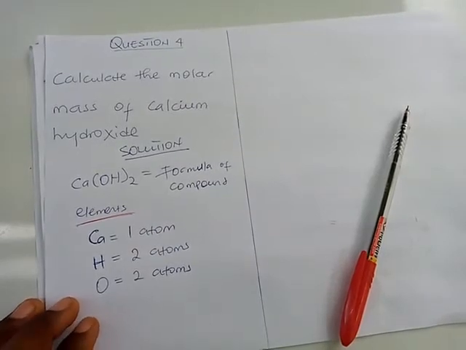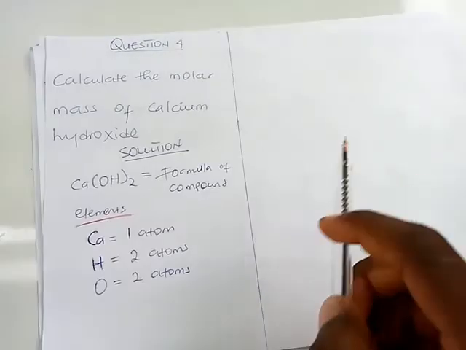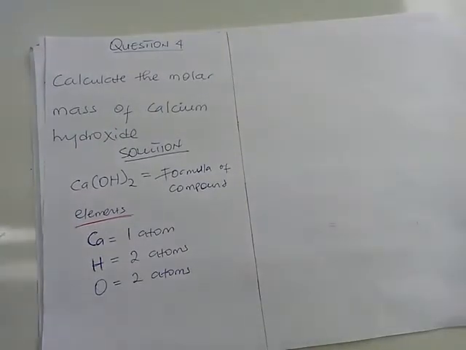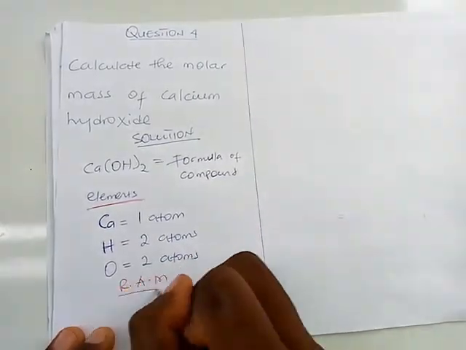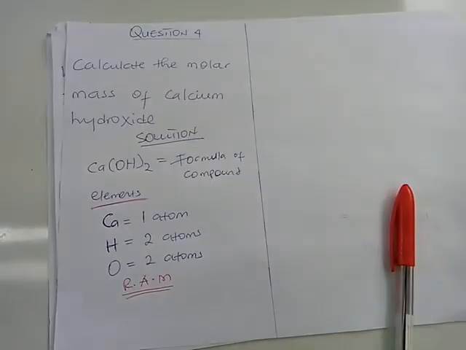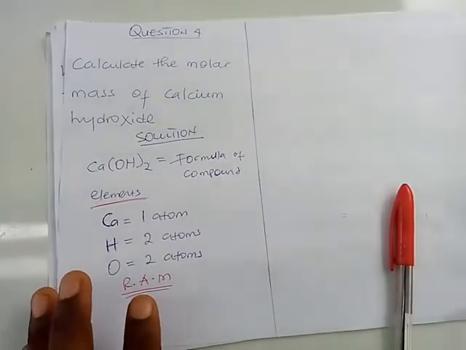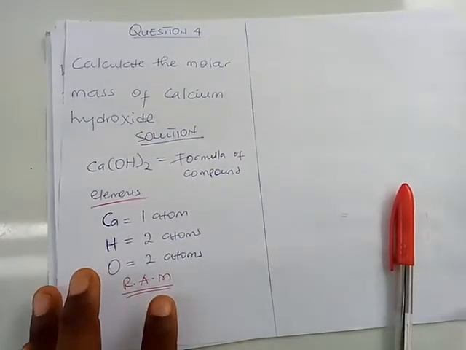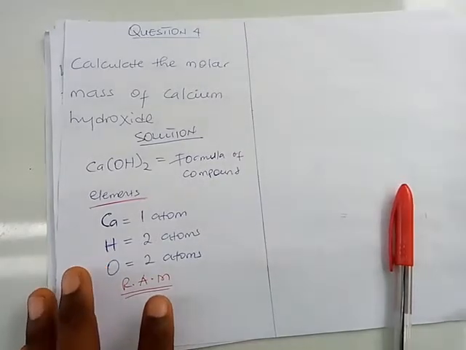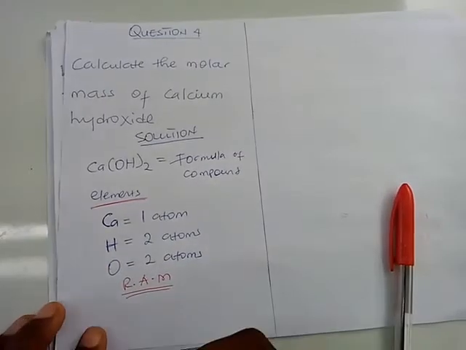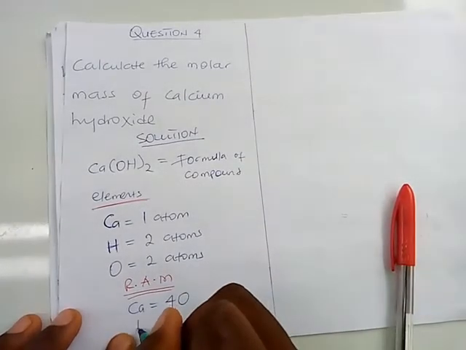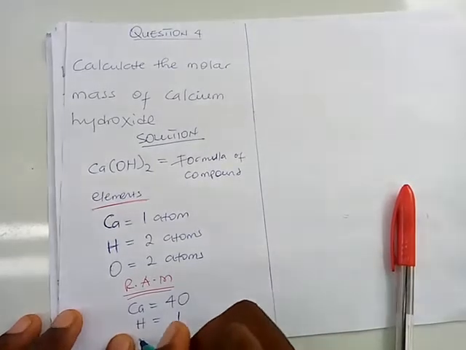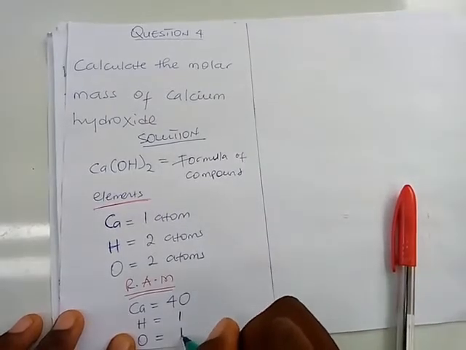So the next thing is, what then is the relative atomic mass of each of the elements? We also need to obtain the relative atomic mass, and that's why I said it's necessary we have in our head the relative atomic masses of the first 30 elements. So here we have for calcium, that's 40, for hydrogen 1, oxygen 16.